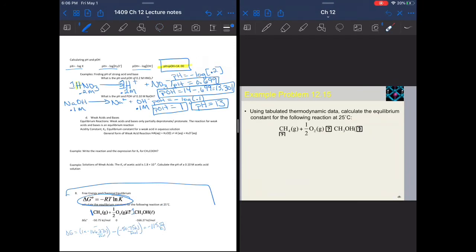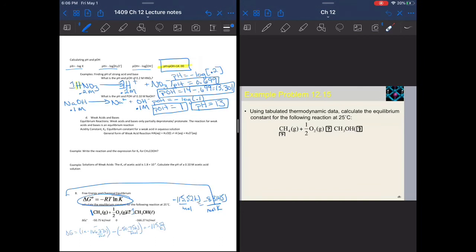That's what we need, right? We're solving for K. So we know that if we use this equation right here, we're going to have negative 115.52 kilojoules per mole equal negative 8.3145 joules per mole Kelvin.